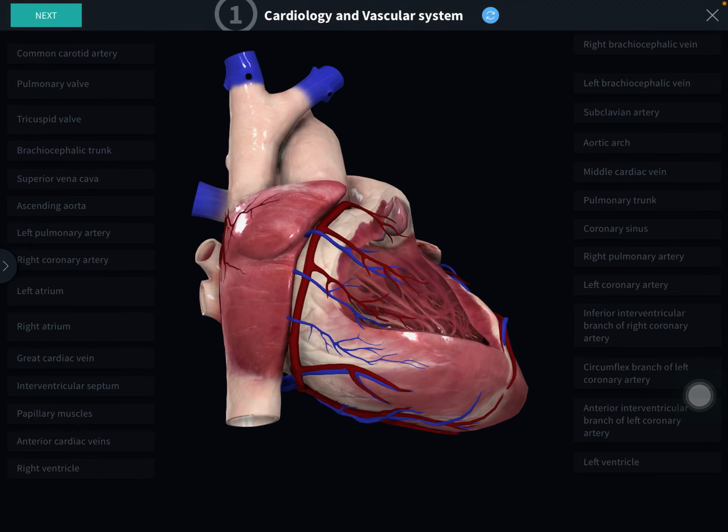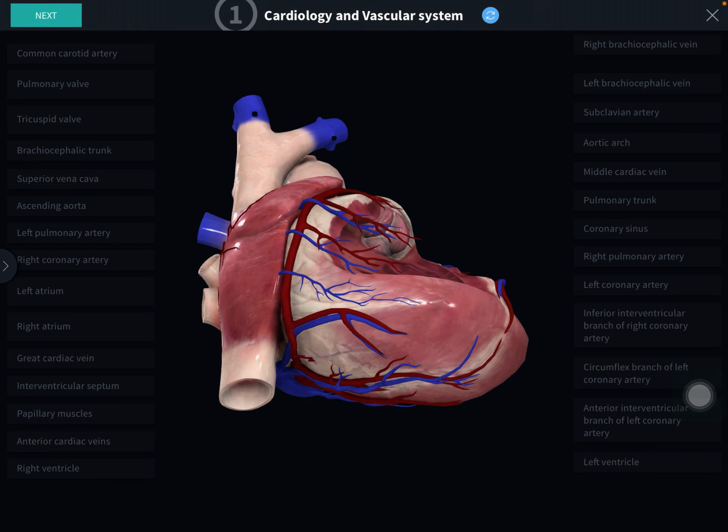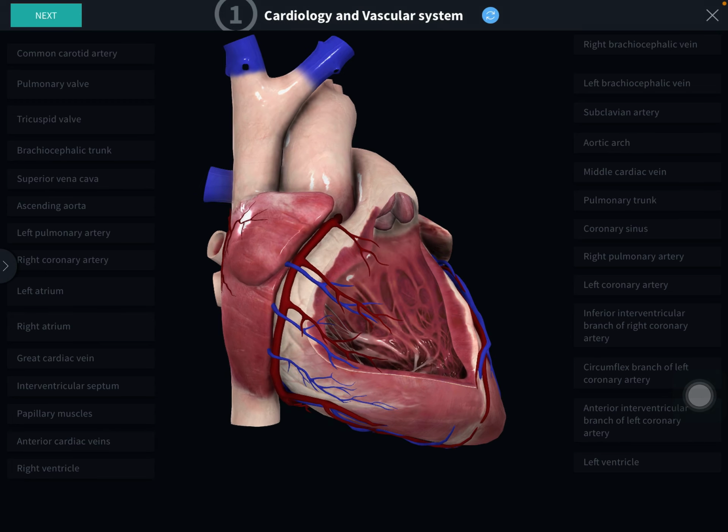There are three borders: right border, inferior border and left border. So the student should note that left border and left surface are also present.